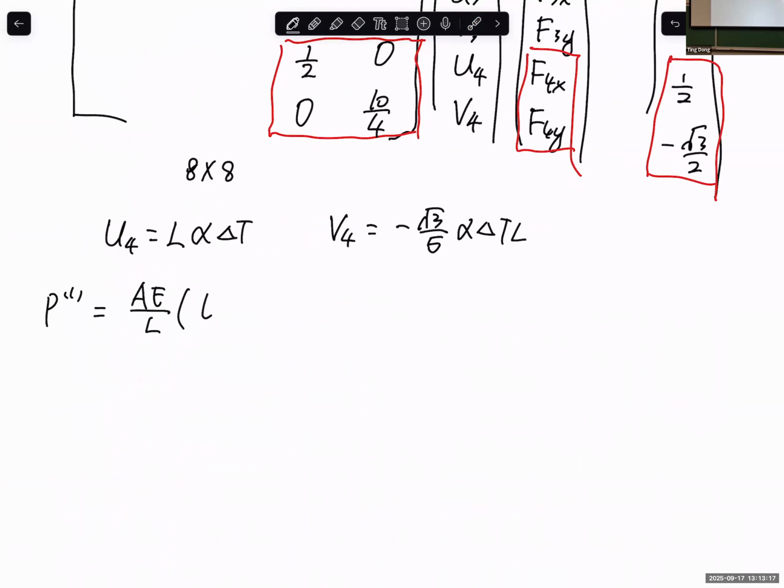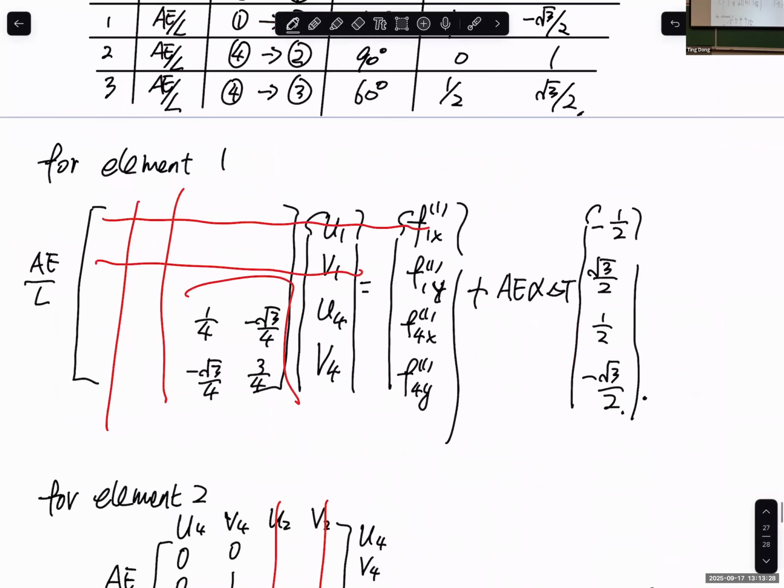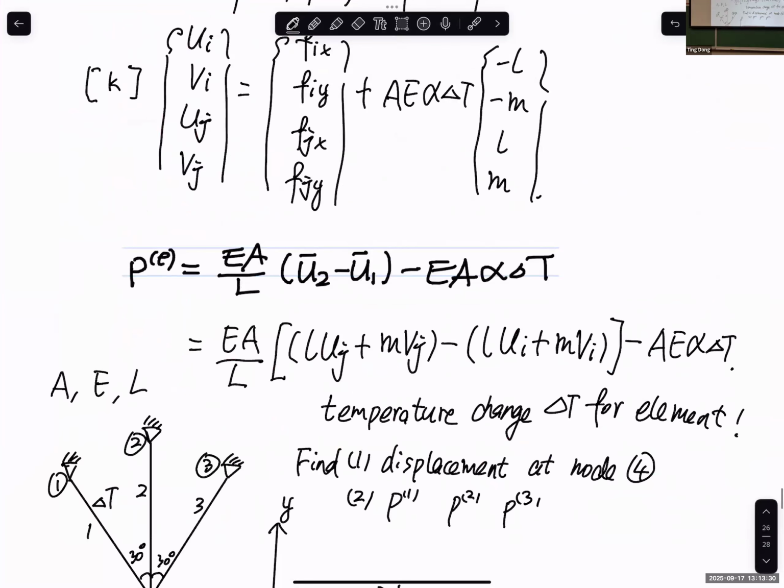So we have L U4 and V4 minus everything related to node 1, right? LU1 minus MV1, but U1 V1 equal to 0. So this term is gone, right?